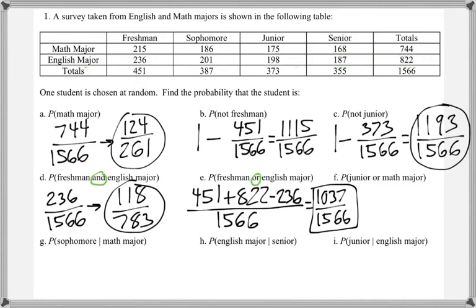Part F is junior or math major. So there are 373 juniors plus 744 math majors, and I want to subtract the intersection so that I don't count it twice.